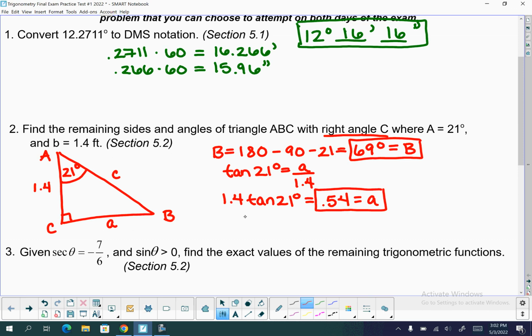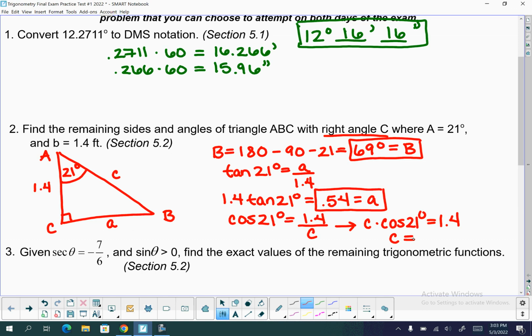1.4 is adjacent, which means I can use cosine this time. Cosine of 21 is adjacent, 1.4 over hypotenuse. To solve for C, I'm going to multiply by C on both sides first. And then I'm going to divide by cosine 21.